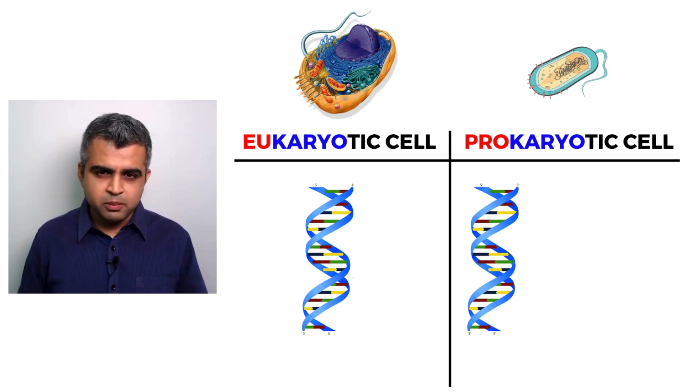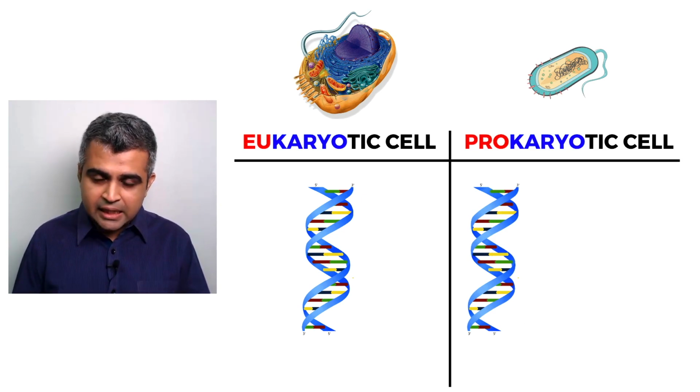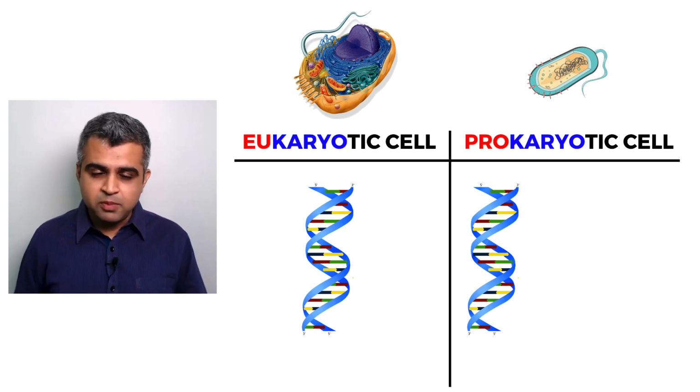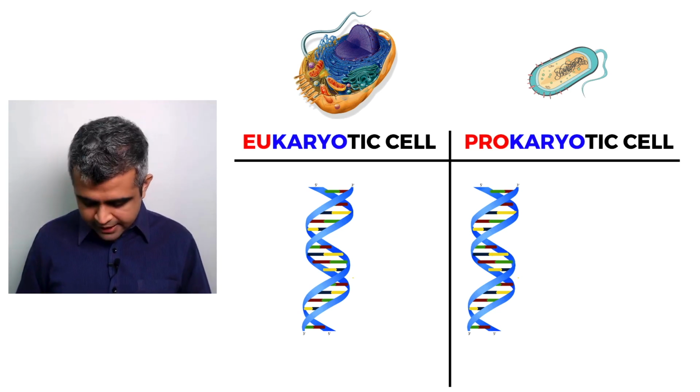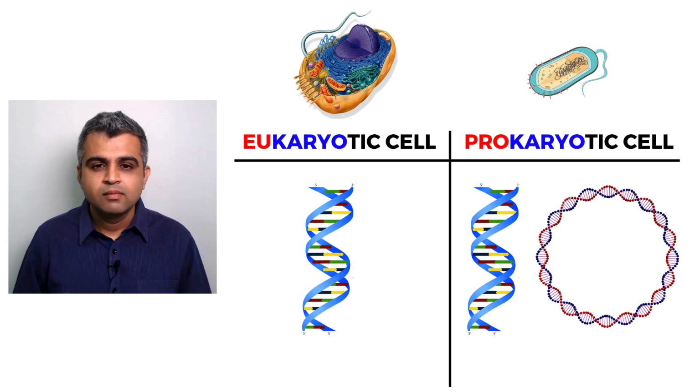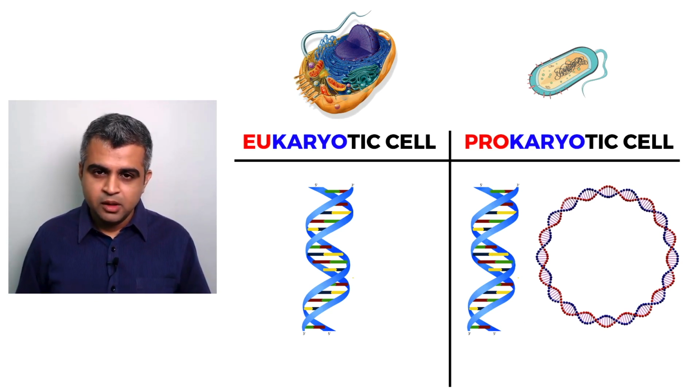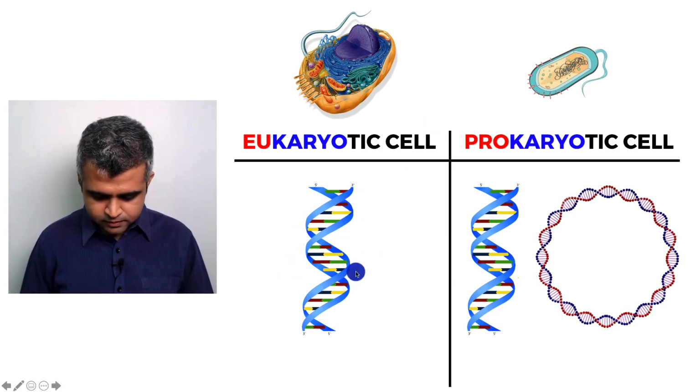So is there a difference between prokaryotic DNA and eukaryotic DNA? Now there are a few differences. The major difference is that they both look exactly like this, but the difference is in a prokaryotic cell, the DNA is like this. Now what do I mean? In an animal cell, in my cells, the DNA looks like this.